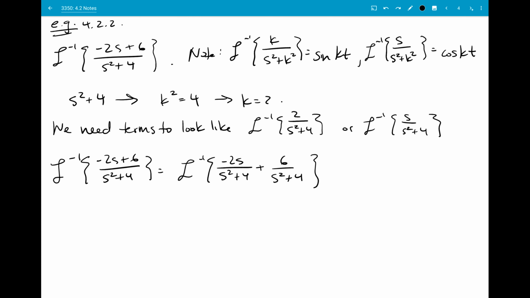You couldn't do it with things that are on the bottom. And then I want it to have either s on top alone or 2 on top alone. So I'm going to go ahead and say that this would be equal to L inverse of minus 2 times s over s squared plus 4 plus 3 times 2 over s squared plus 4.